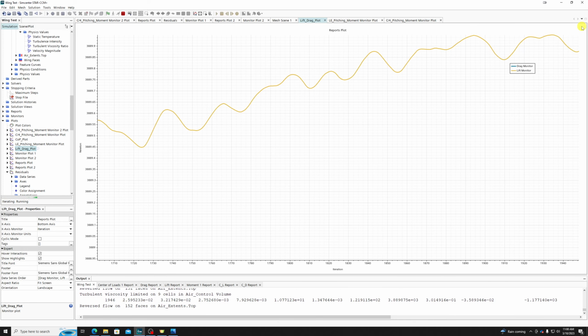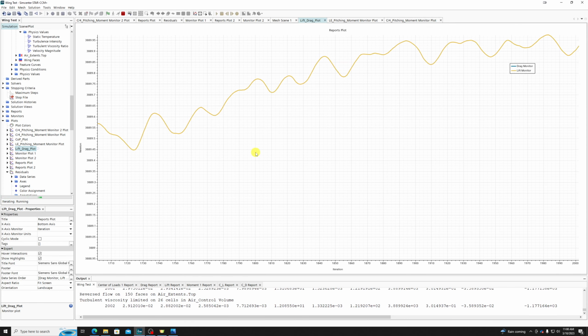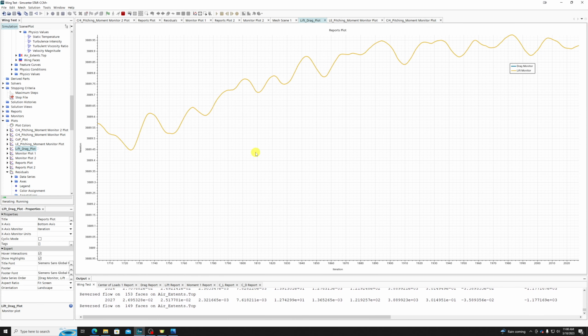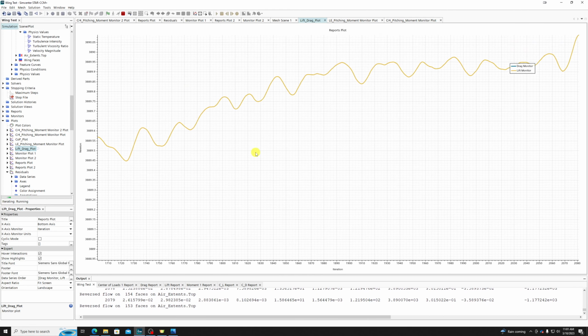Look at the y-axis scale. We're talking tenths of a Newton of change. Like this entire y-axis is only 1 Newton tall.